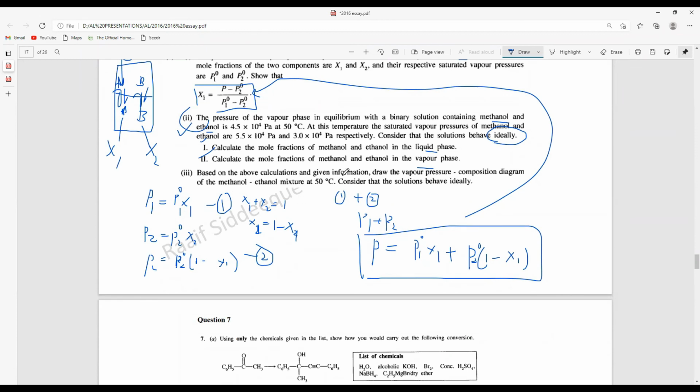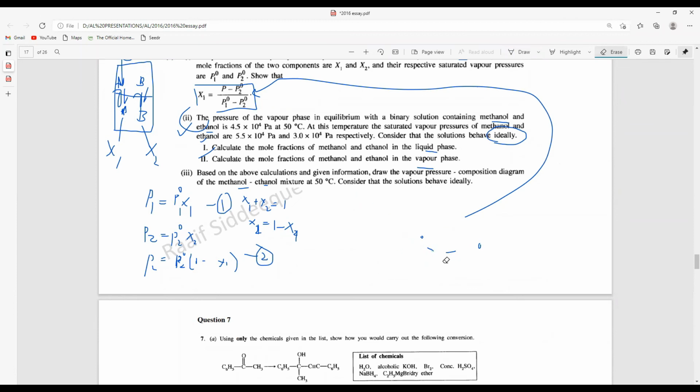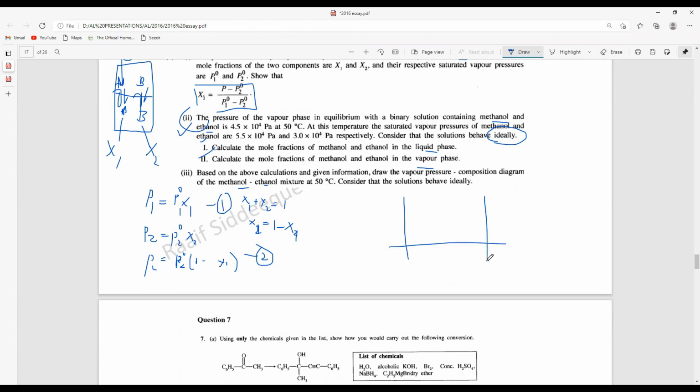Based on the above calculation and given information, draw the vapor pressure composition diagram of methanol and ethanol at 50 degrees Celsius. Consider that the solutions behave ideally. So this is not much what you have to do here. You already know the saturated vapor pressures and everything. So you have to draw the vapor pressure composition diagram.